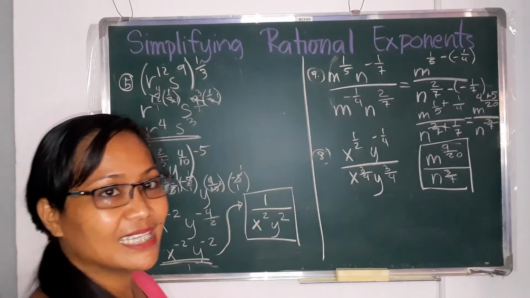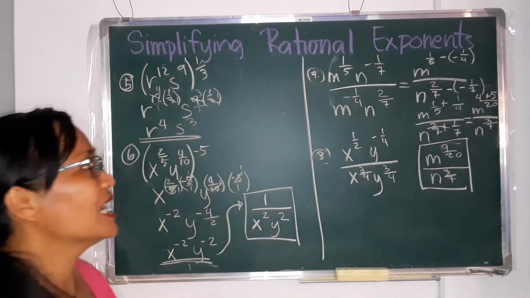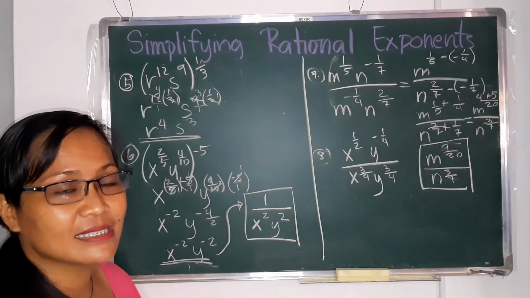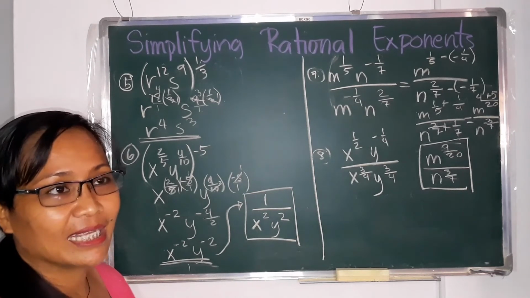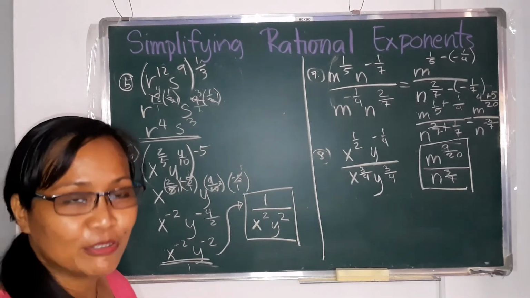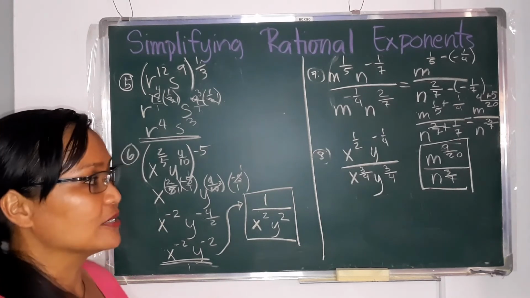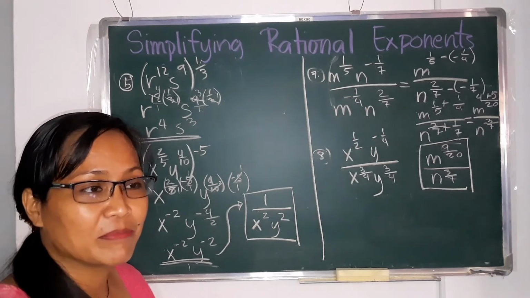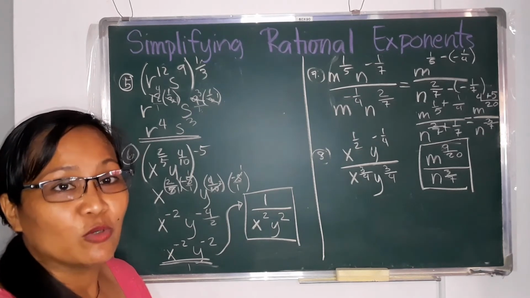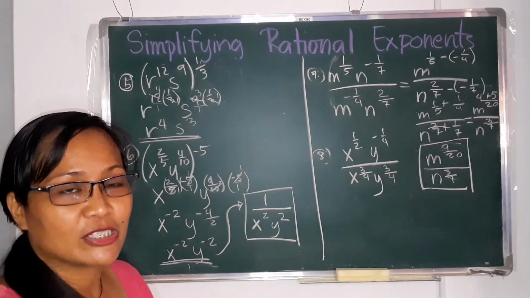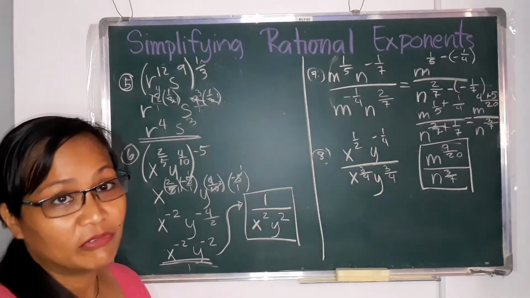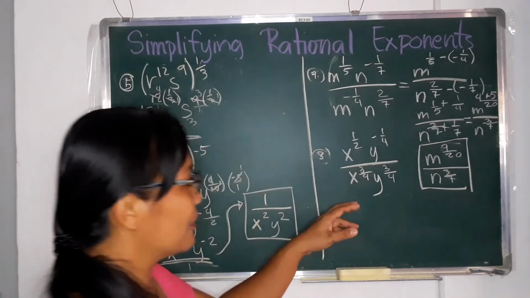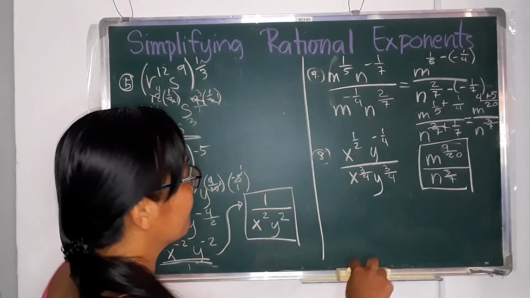Got it? So if we deal with simplifying rational exponents, meaning exponents that are fractions, we need to recall or review the rules in addition, subtraction, multiplication, and division of fractions.